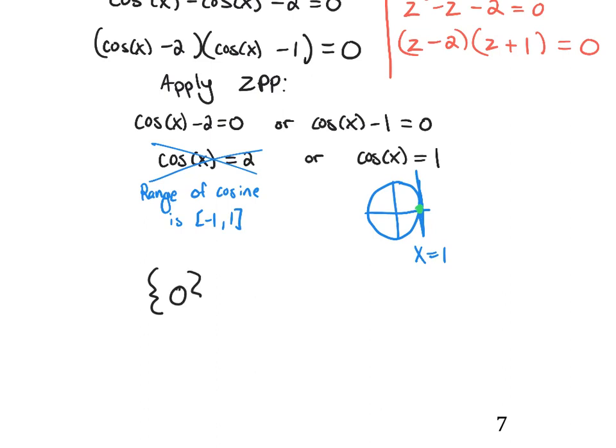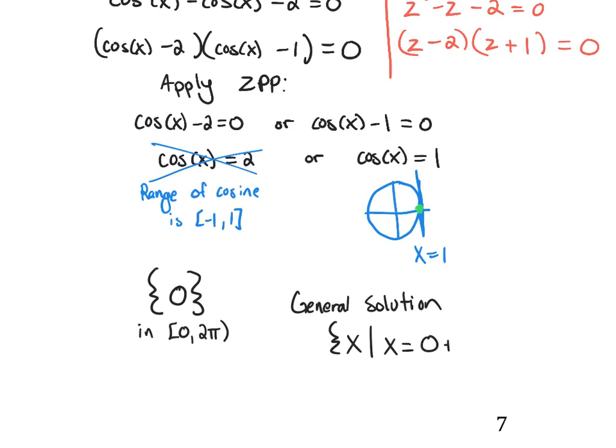So I would just say 0 if I was looking for an answer in 0 to 2 pi, not including the 2 pi. Otherwise, we would say that our general solution would be the set of x, since x was the name of the variable or the angle, such that x equals 0 plus 2 pi k.